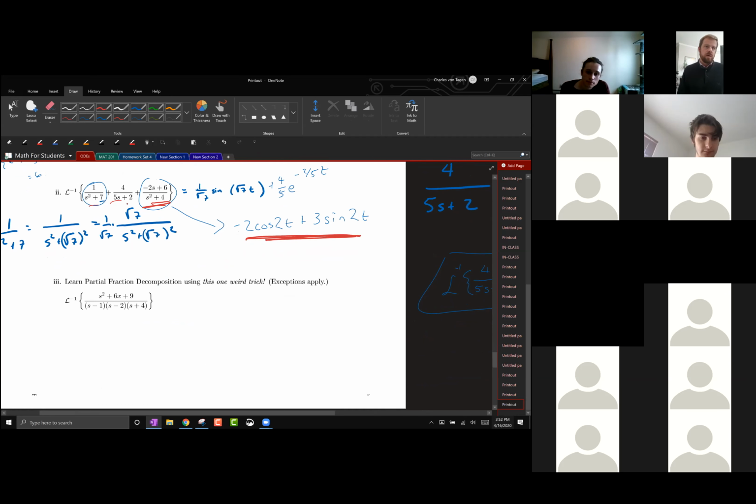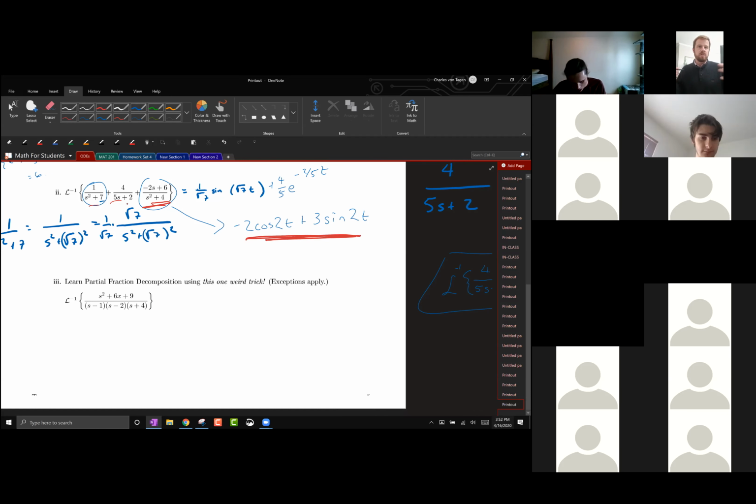By the fundamental theorem of algebra, any polynomial can be broken down to factors of quadratics and linears. And we know how to handle quadratics, they're sines and cosines, and we know how to handle linears, they're e's. So for any rational expression, we now know how to do the inverse transform.